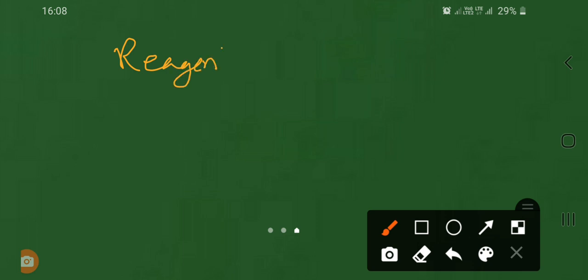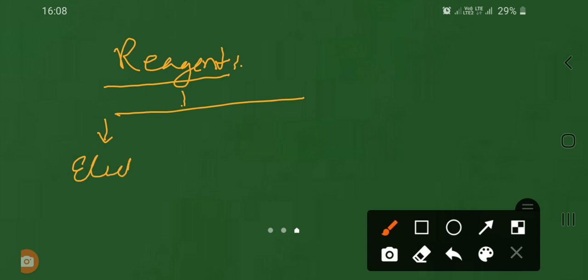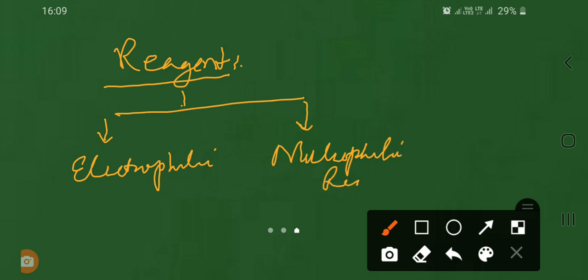reagent. What are reagents? Reagents are the species which are responsible for the chemical reaction, classified into two parts: electrophilic reagent and nucleophilic reagent. Electrophilic reagents are represented by the symbol capital E and nucleophilic by Nu.